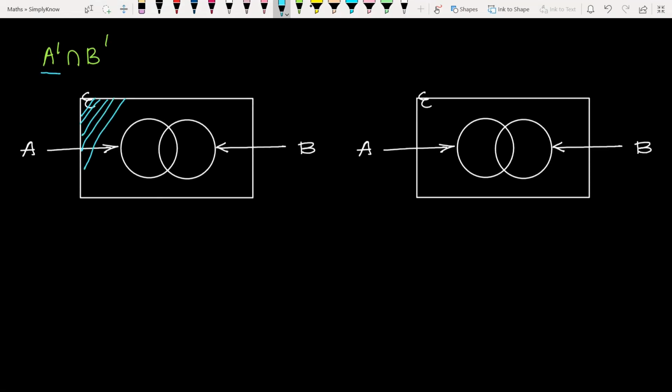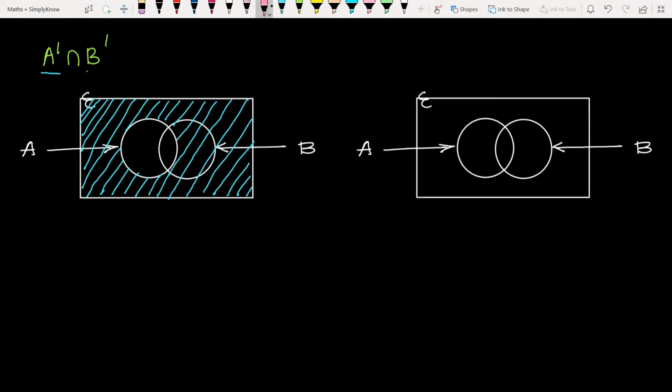This means I need to shade everything except A. Then I pick another color, which is pink here, and I'm going to shade B complement. So here I need to shade everything except B. So I'm going to change the direction of the lines and shade everything except B.